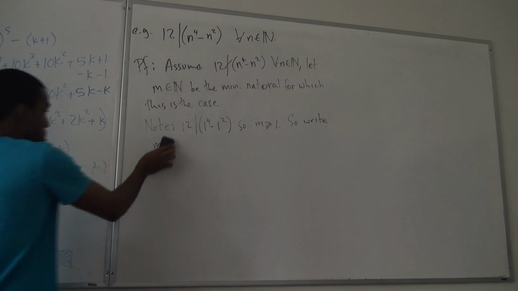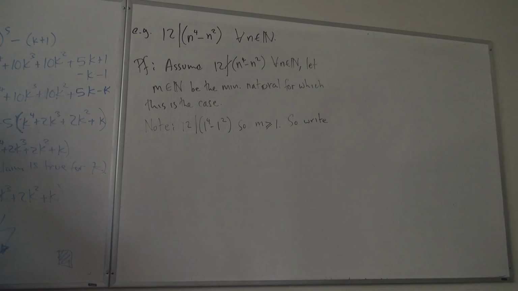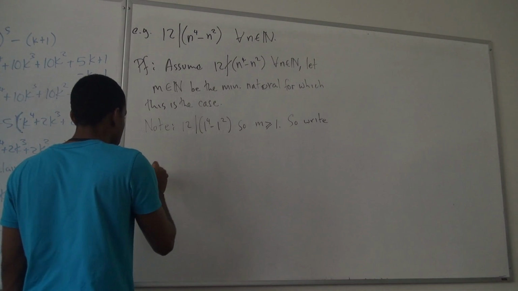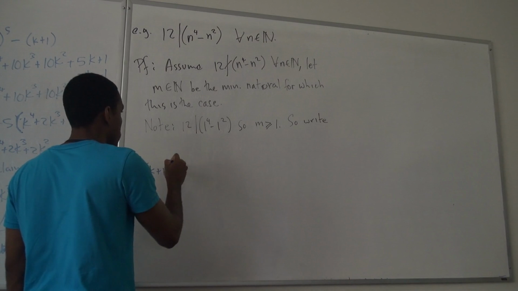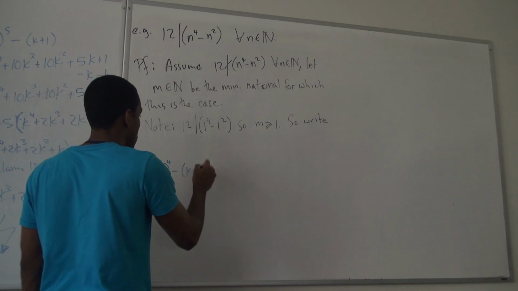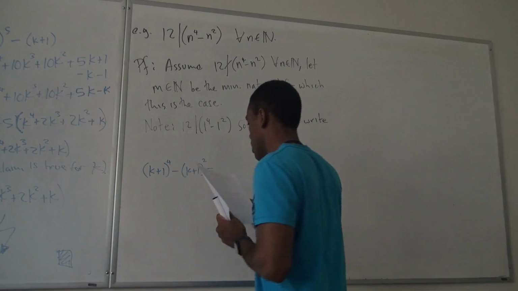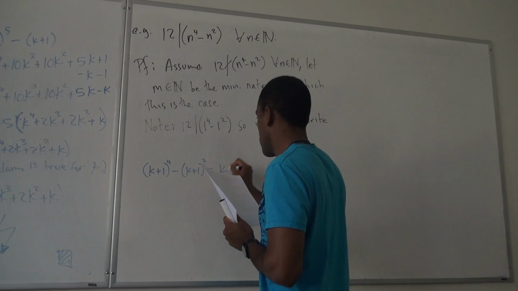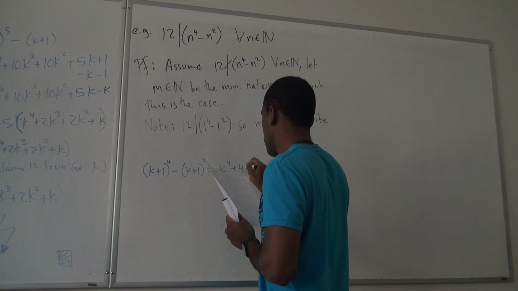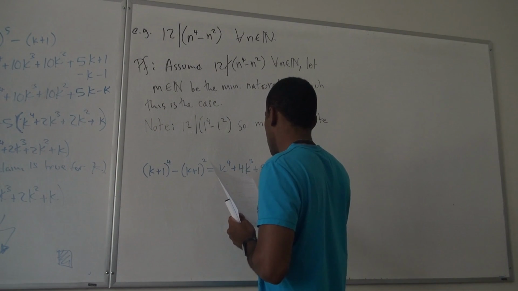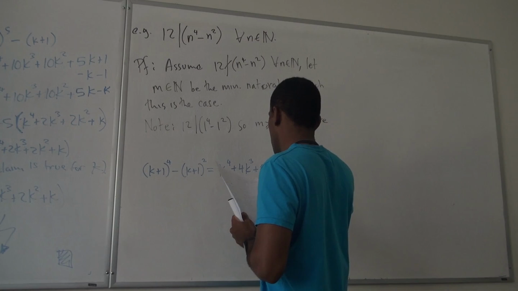So I'm going to write what you would sort of assume and do, and you realize it doesn't work, and then you come back and you try it again. Okay, so let's say we assume that n is at least 1, so we probably continue very similar to here. And so we want to go something like k plus 1 to the 4th minus k plus 1 squared. And I actually did that, and the answer was k to the 4th plus 4k cubed plus 5k squared plus 2k.